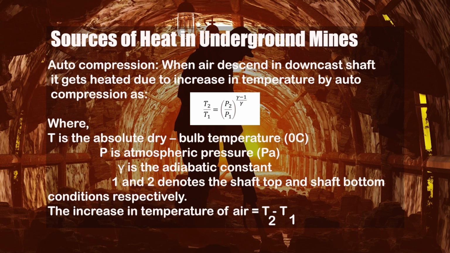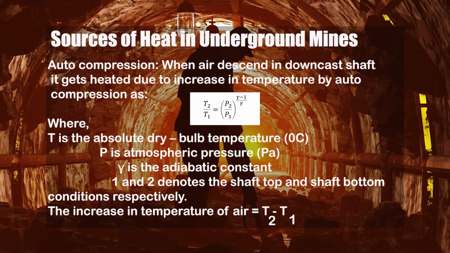Now, sources of heat in detail. Auto compression. When air descends in a downcast shaft, it gets heated due to increase in temperature by auto compression, as per the formula T2 by T1 equals P2 by P1 to the power gamma minus 1 divided by gamma.